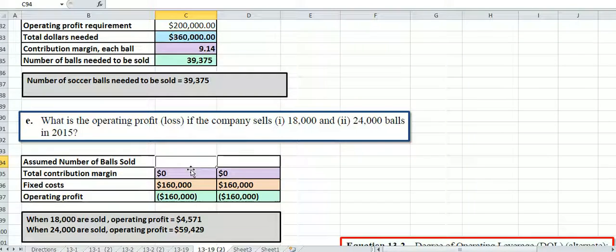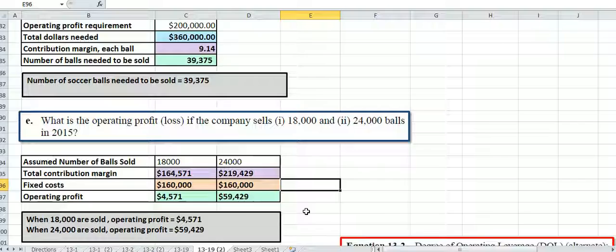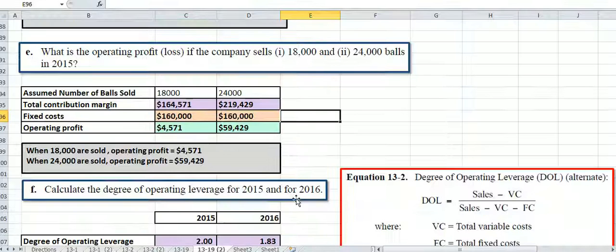So we just put those numbers in, 24,000 right there, and you can see that we're going to have a much smaller profit if the company only sells 18,000, and a much larger profit if they can sell 6,000 more soccer balls.